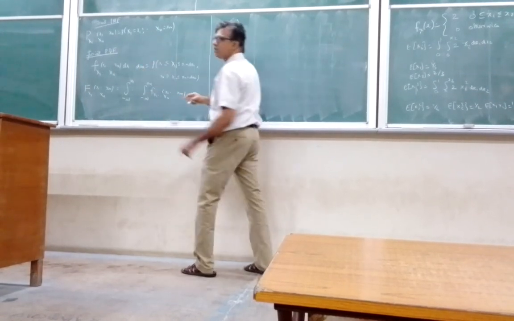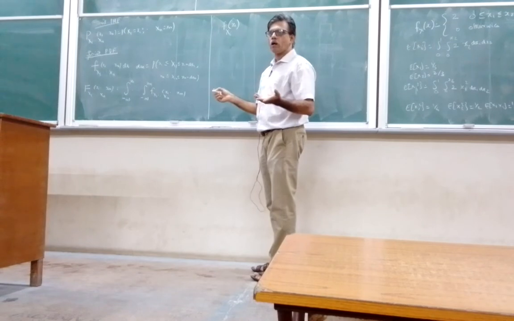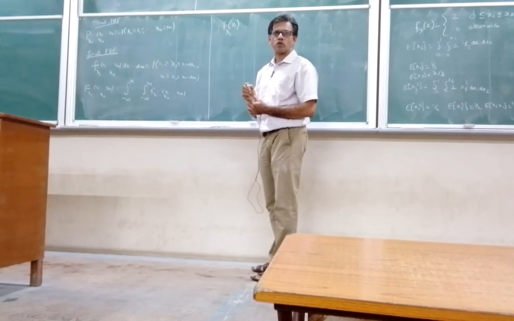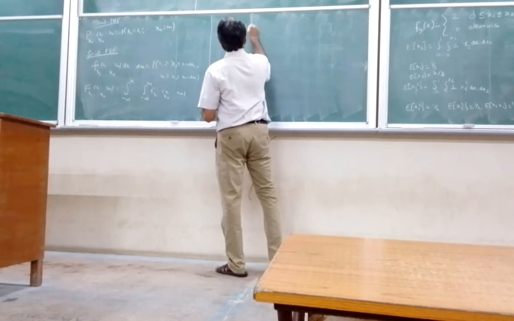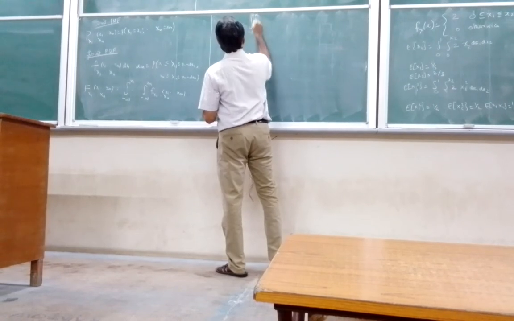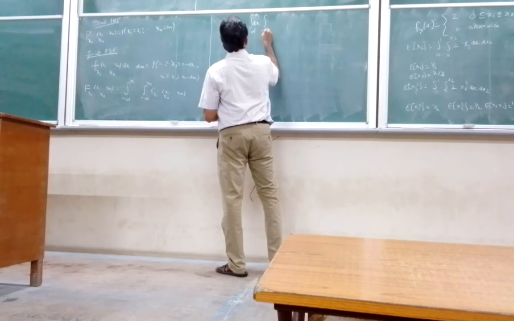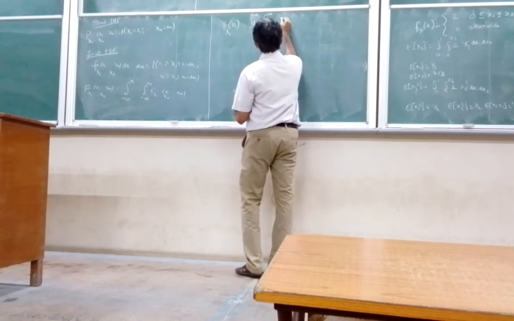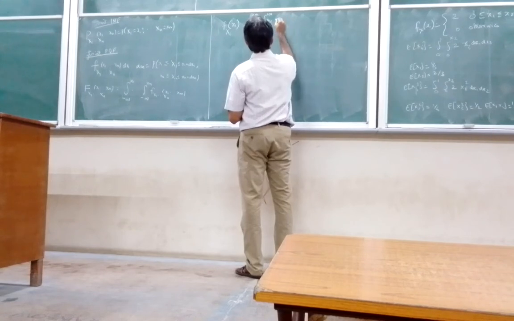Given the joint density function, you integrate out whatever random variables are not of interest, all things excepting i.